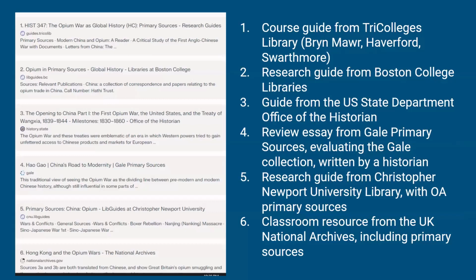They also had some results from the State Department Office of the Historian and from the UK National Archives. The only sort of weird source was a review essay from the web presence of the database Gale Primary Sources. It was evaluating the Gale collection.